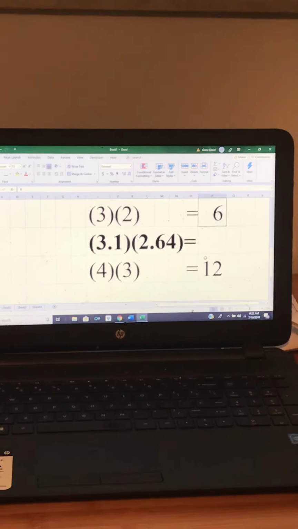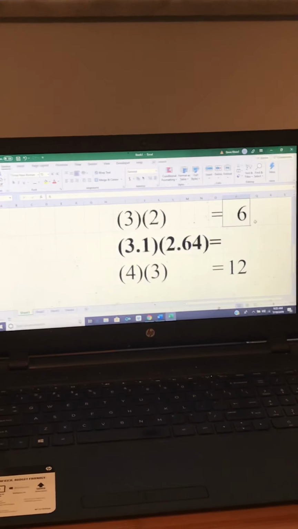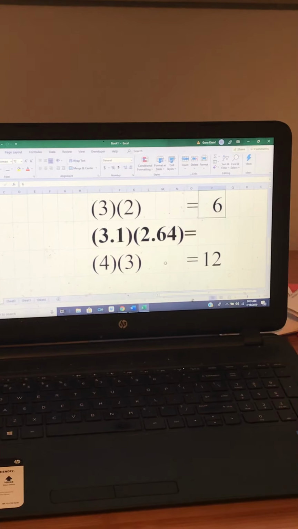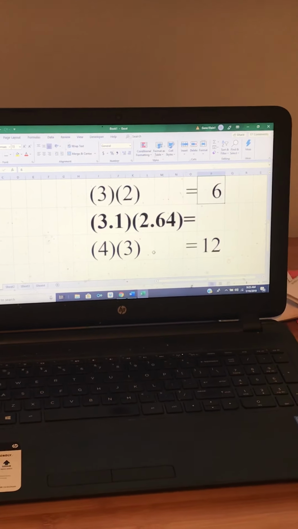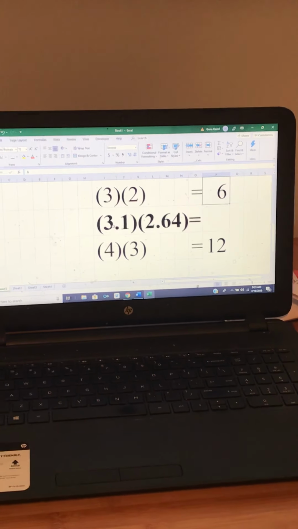I'm going to go over again how estimating, without worrying about rounding, really gets you a good ballpark answer. So if we just take off the decimals, 3 times 2 is 6. If we take off the decimals and go up one number, 3 goes to 4, 2 goes to 3, 4 times 3 is 12.